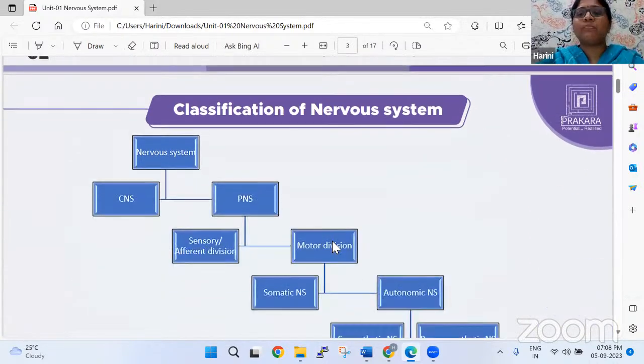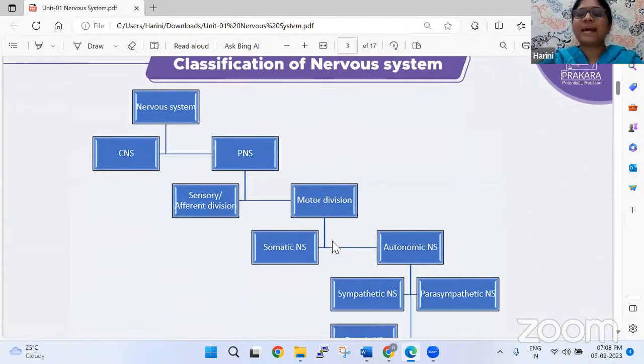First, coming to the major topic, the classification or organization of the nervous system. The nervous system is basically classified into two major parts: the central nervous system and the peripheral nervous system. For the last few minutes, I've been going over the two major things, the brain and spinal cord, which come under the central nervous system.